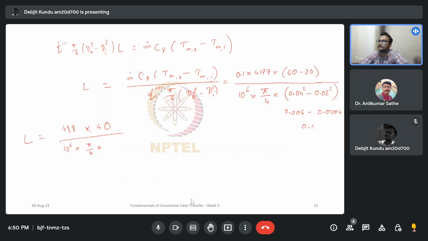So this becomes 0.0012, or you can write it as 1.2 into 10 to the power minus 3. So cancelling them, this becomes 10 raised to the power plus 3. And we can solve this. Is this divisible by 3?